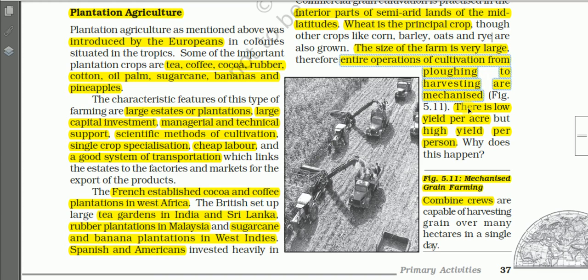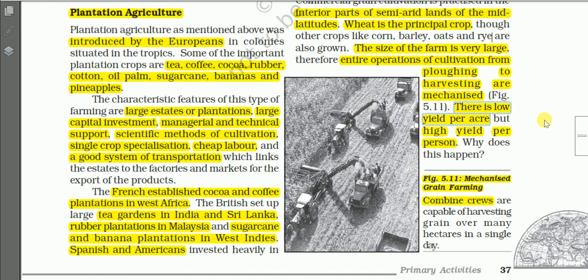Therefore there is a low yield per acre. Since thousands of hectares of land are cultivated by a single man using machines, the productivity per person is very high. The yield per person is very high since it is fully mechanized.